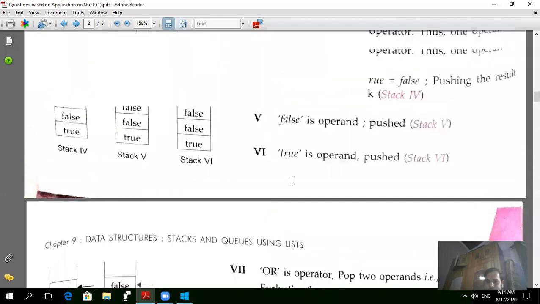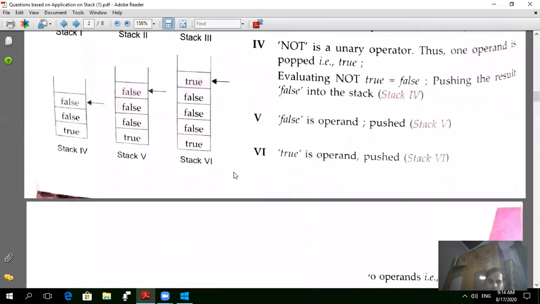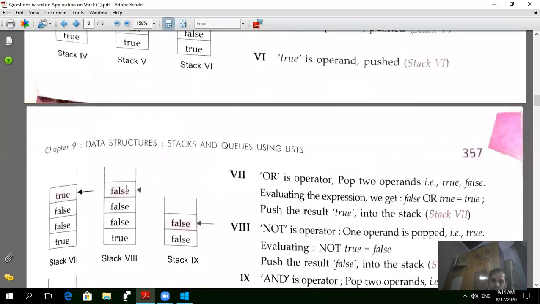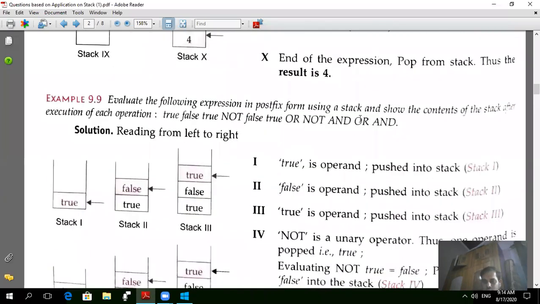Then after that, the and operator is given. And is a logical operator. We require two operands. So from the stack you have popped these two operands, false and false. So the result of false and false is false. And then or, then or.